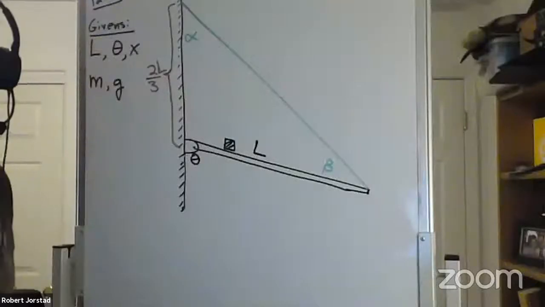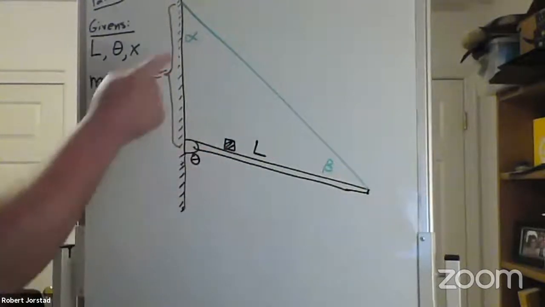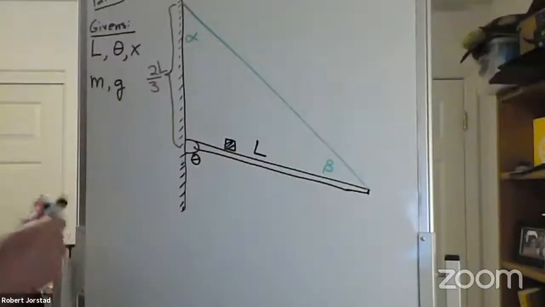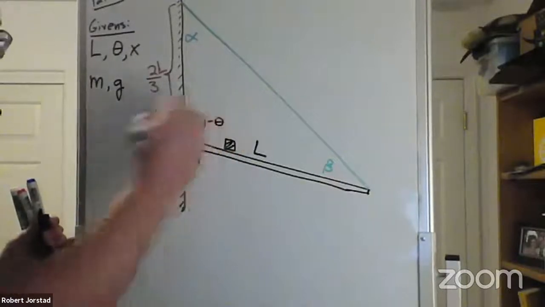Well, A says use geometry, so I guess geometry. So I know L and theta in this length. How do I get alpha or beta? Well, we know theta is 85 degrees, so the opposite of theta is going to be 95 degrees. So you just did 180 minus theta right there, right?